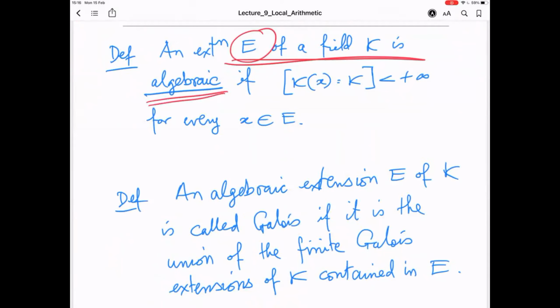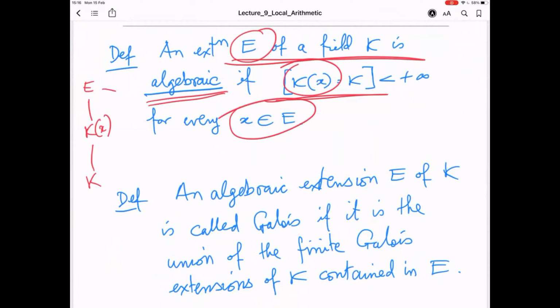I'll call it algebraic if, when I adjoin a single element x, K(x) is contained in E, because x is an element of E. I'll call E over K an algebraic extension if the degree of K(x) over K is finite for every x in E.